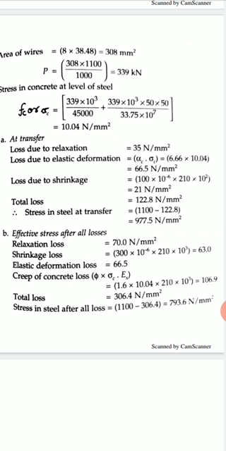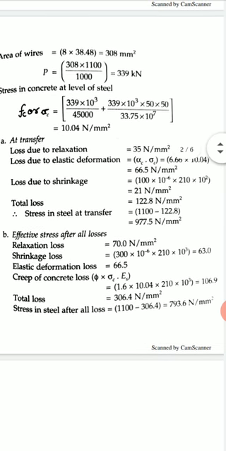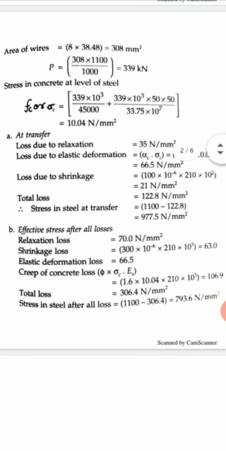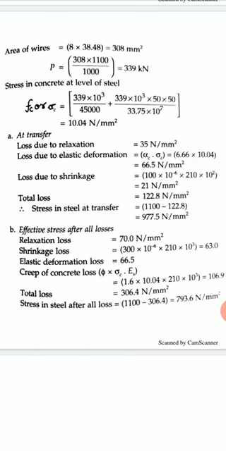Now that's why taking the losses into consideration becomes very important. See, applied was nearly 1100 and effective after taking all the losses is hardly about 800. So we are losing nearly 300 Newton per mm square of stress. Okay, so when we design, it becomes very important for us to take into consideration the losses.